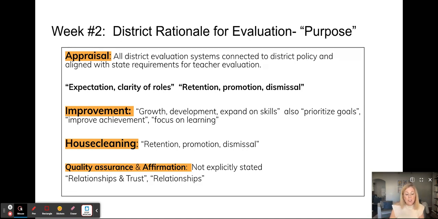So that's affirmation. I also wanted to address quality assurance, because when you become a school leader or a district leader, you will have parents who call you with concerns about things that their student is reporting to them or things that they may or may not be observing. And in my experience, I found that this occurred more and more often.